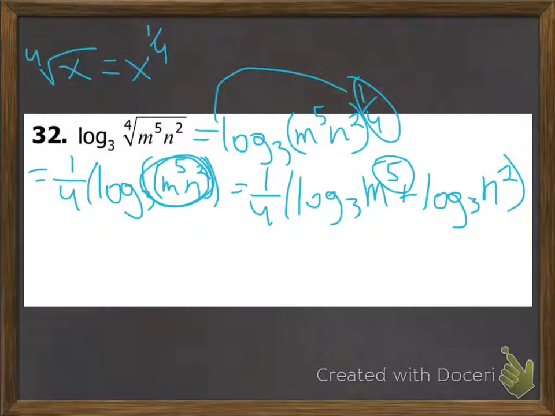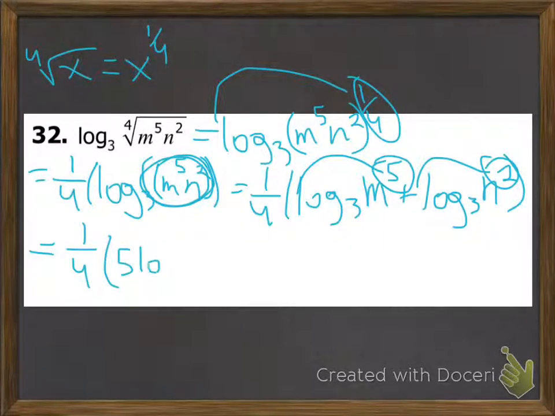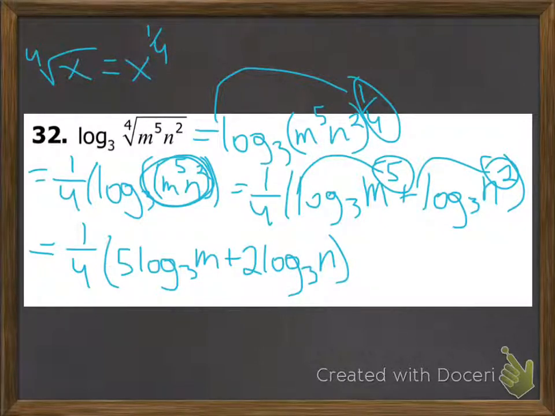Alright, so now both of these have an exponent that needs to be moved in front of the log. So on the next line, we're still going to have 1/4 times 5 log base 3 of m plus 2 log base 3 of n.